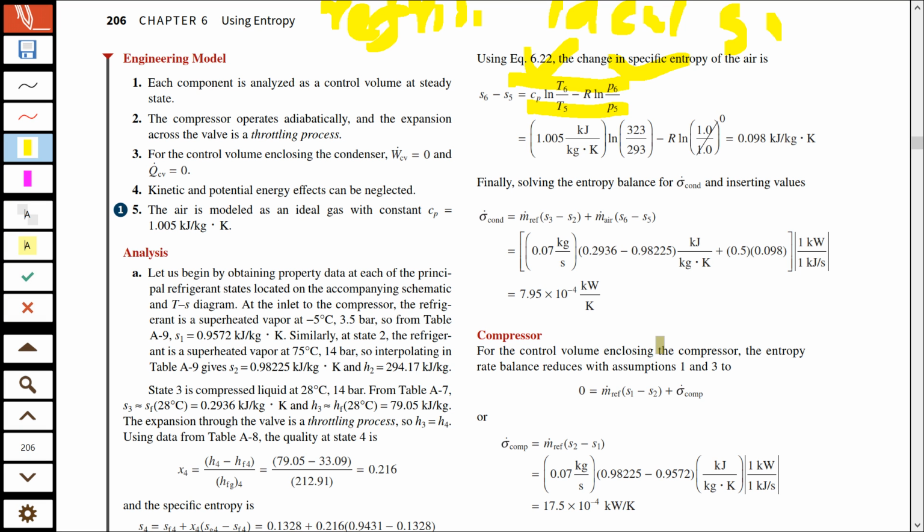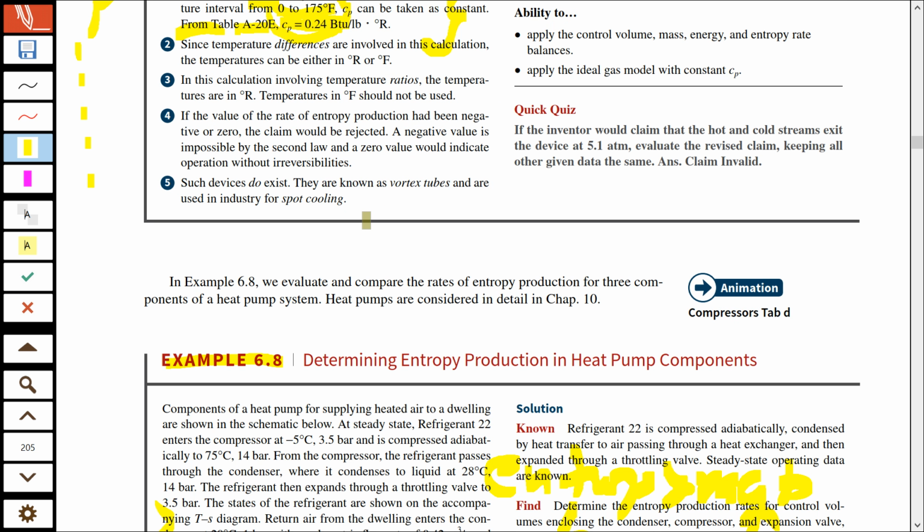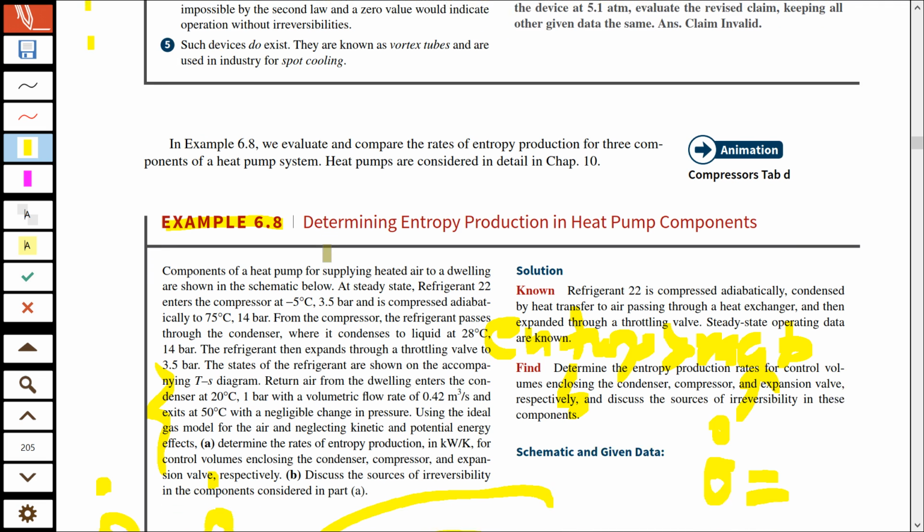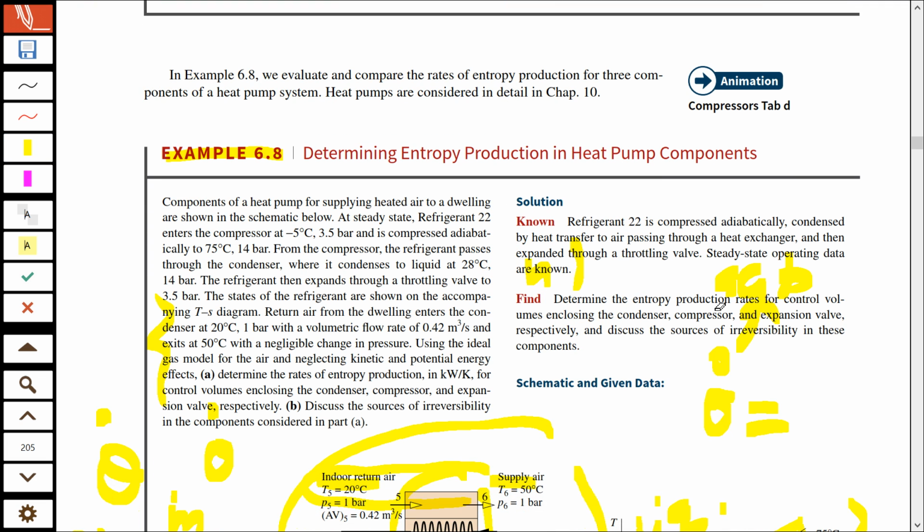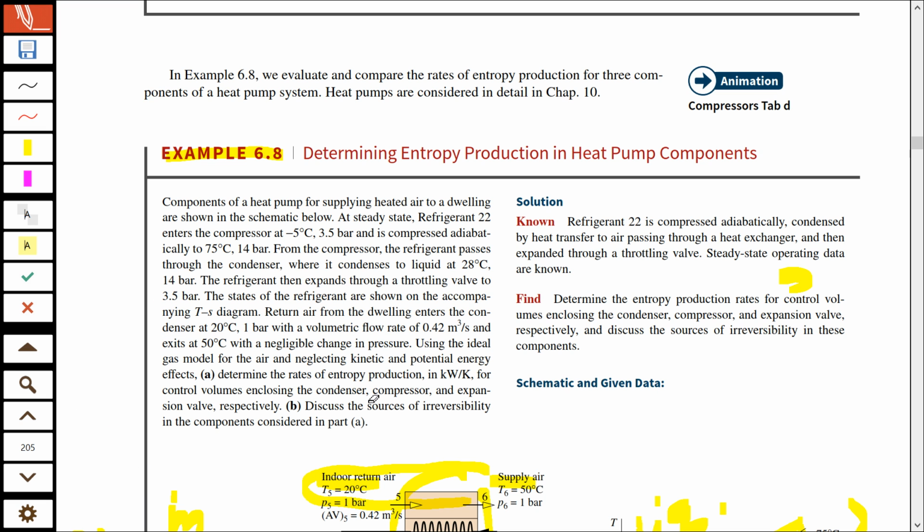There is one thing which is different in this example, if you want to work it out yourself, and that is the throttling process. Let me highlight that, because that is the only thing which we have not been doing so far. The examples in chapter 4 and chapter 3 and chapter 5 had other processes.